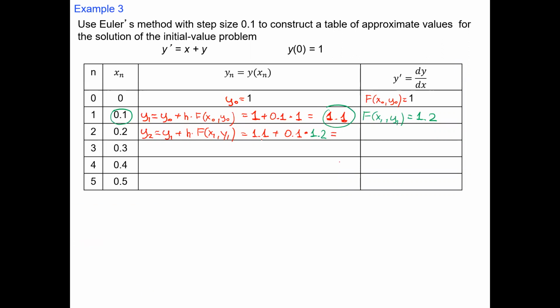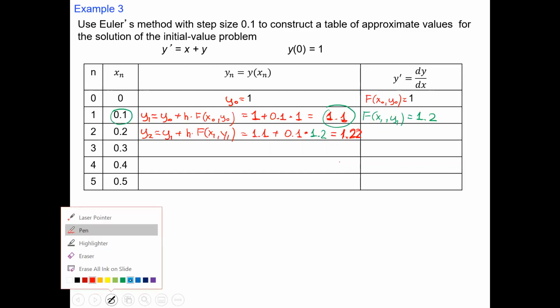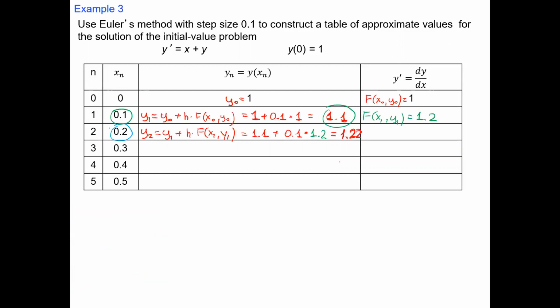Okay, 1.1 plus 0.11 will be 1.21... 1.22. Okay, 1.22. And now, maybe blue color, adding x and y, we will get the slope at the point x sub 2, y sub 2: 1.42.